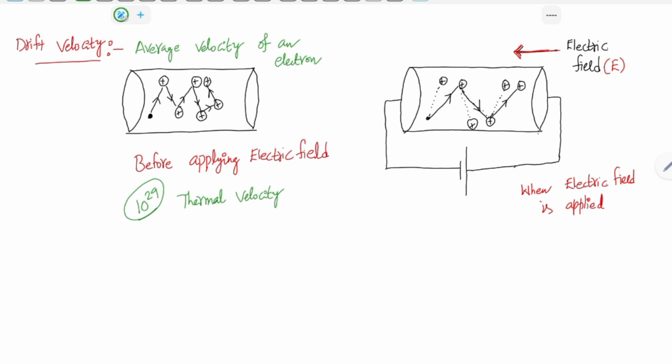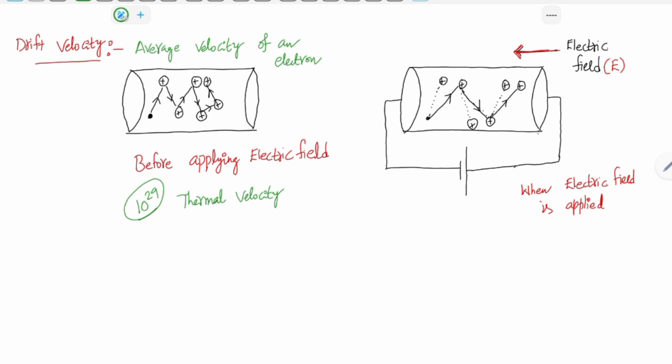So with that very high thermal velocity, the electrons inside a copper wire or a conductor move and collide with the neighboring positive ions, and during each and every collision with a positive ion, they attain a new velocity freshly and again start to collide with a neighboring positive ion.